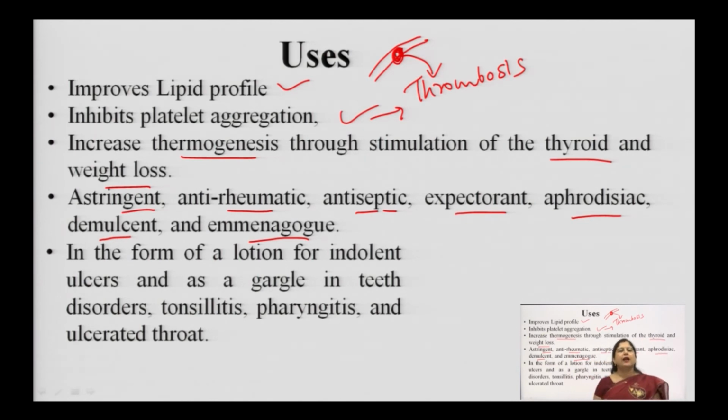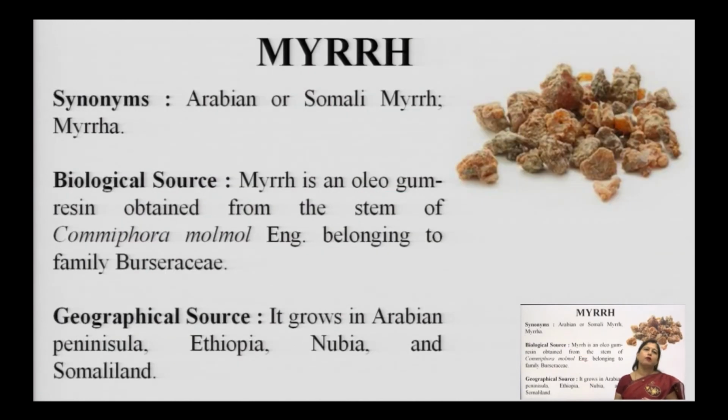So, it is having multiple effects which are even proved scientifically in modern days. And then it is used in the form of lotion for indolent ulcers, in the form of gargles in the mouth, tonsillitis, pharyngitis and ulcerated throats. So, in the mouth, in the throat region, if you have any problem, you can use this guggul. So, these are the different important uses of guggul.